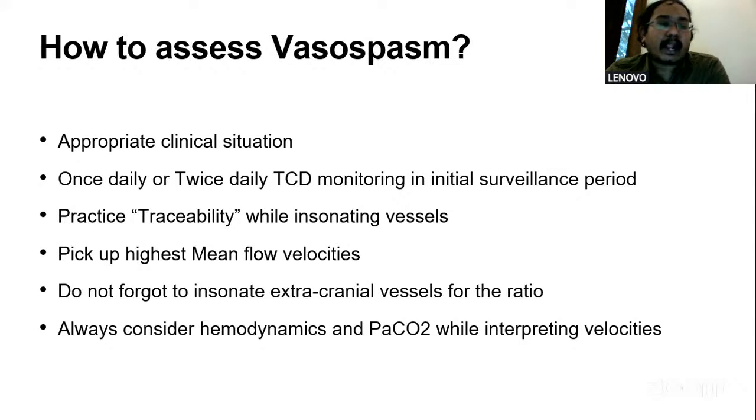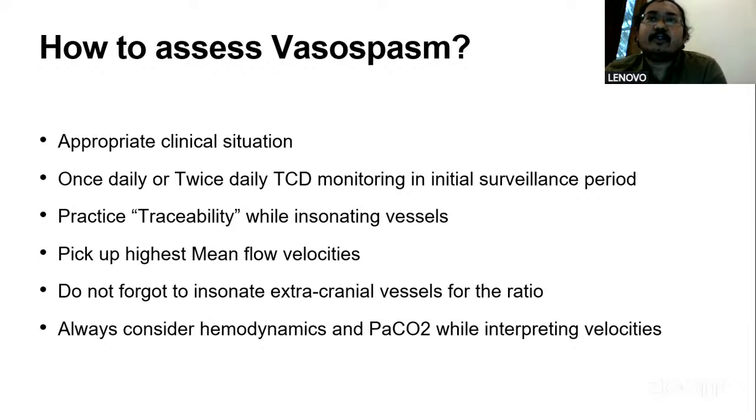And we need to practice traceability. What happens is we insonate one part of the blood vessel and we get some velocity, and maybe that velocity could be low, and we say that there is no vasospasm. We need to understand that vasospasm is a focal phenomenon where at one point there is narrowing of the blood vessel because of external factors.